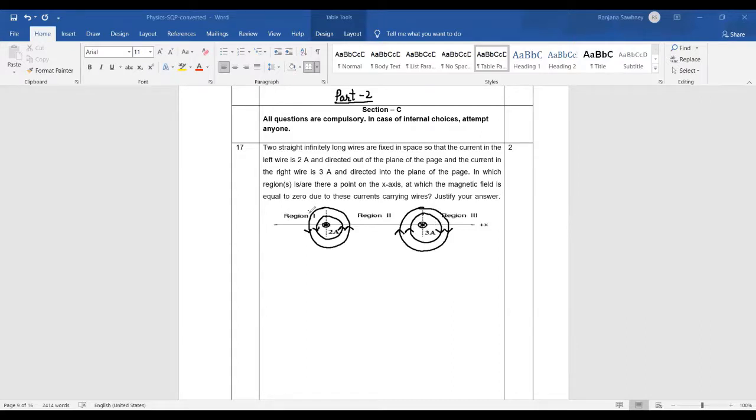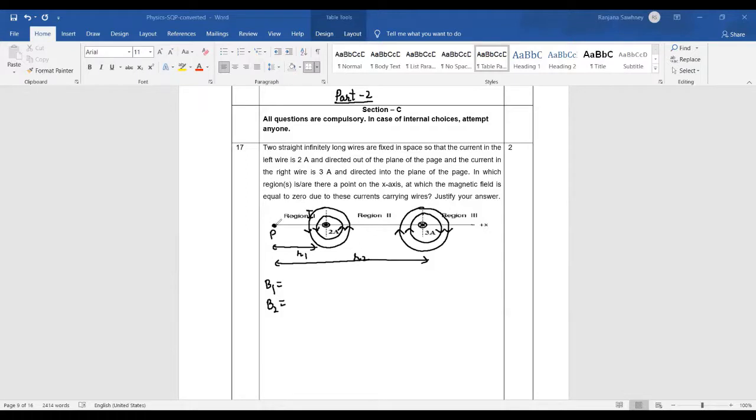Okay, now let's see region 1. Let us consider a point P, which is at R1 distance from the 2 ampere current carrying wire and at R2 distance from the 3 ampere current carrying wire. At point P in region 1, let the magnetic field due to the 2 ampere wire be B1, and due to the 3 ampere wire be B2.